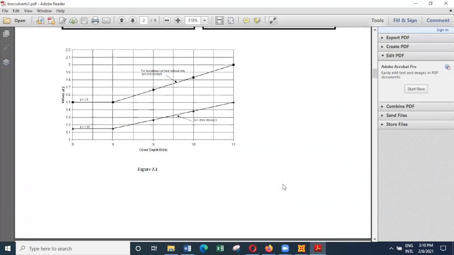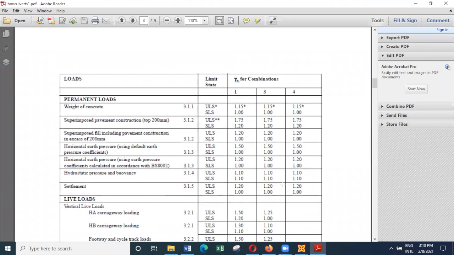So basically, there are factors due to the permanent loads, and there are combination 1, combination 2, combination 3, combination 4. Combination 2 is for wind loads, which is not applicable for box culverts.